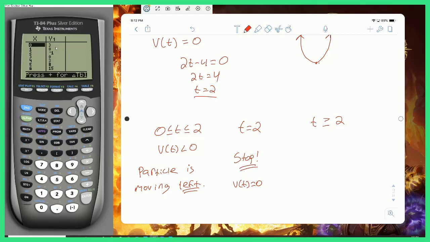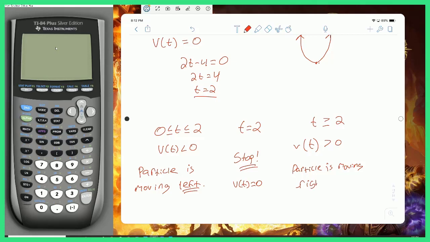And then, from anything greater than 2, if I plug a value bigger than 2 into my derivative, I know my derivative is positive. And then I know that specifically my particle is moving right. We'll say right and left instead of up and down.